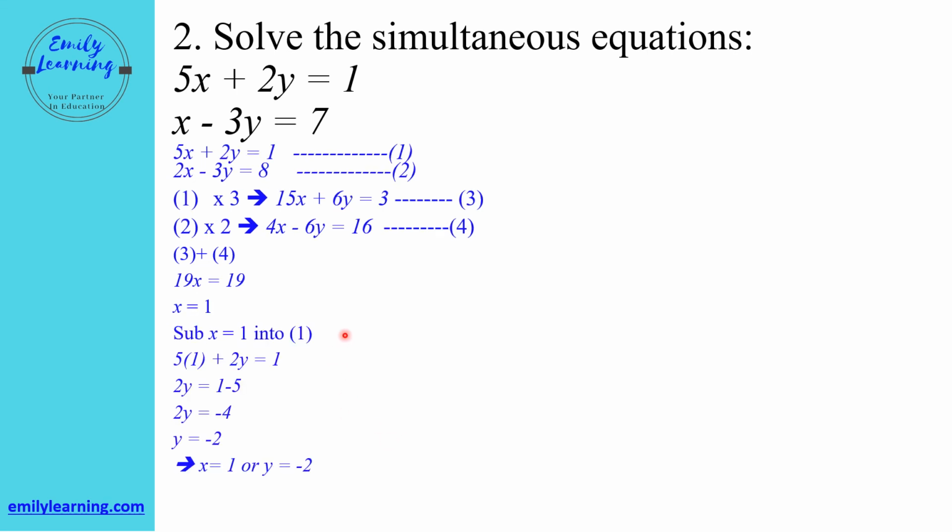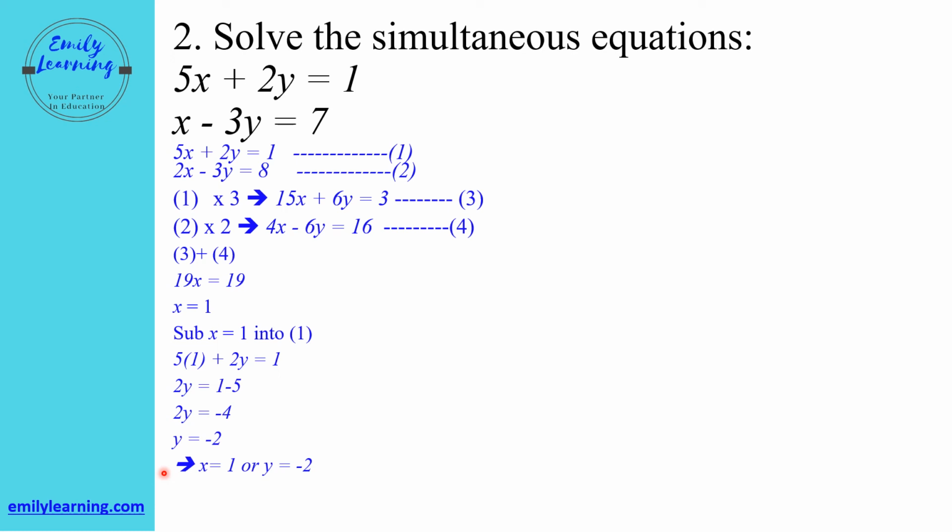Once you have found x, to solve for y, you just substitute x equals 1 into any of the equations that you like. I choose equation 1, so I sub x equals 1 into equation 1, and from there, I get the value of y. So for this question, you should get the answer x equals 1 and y equals minus 2.